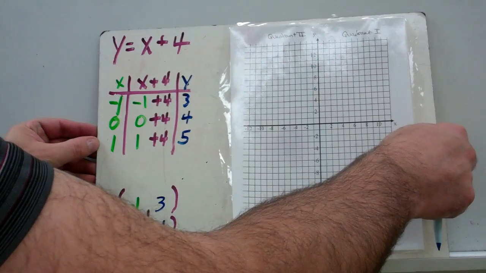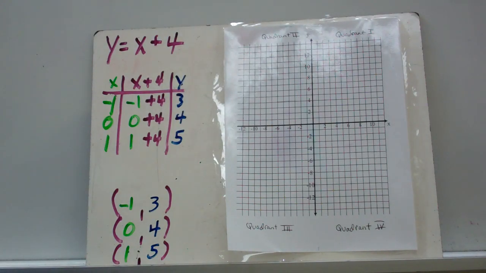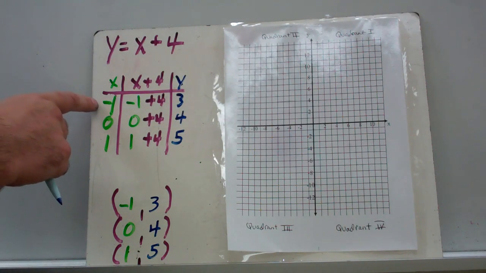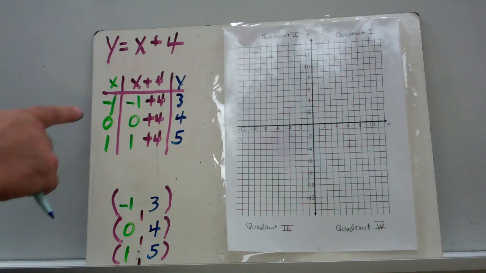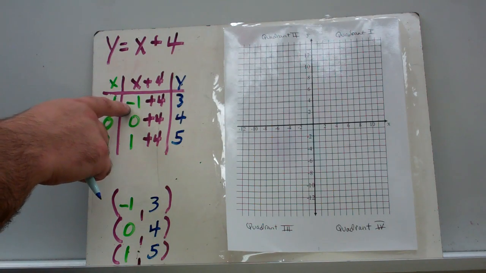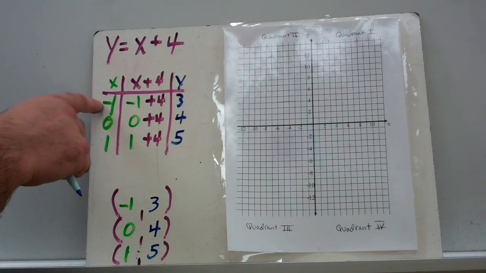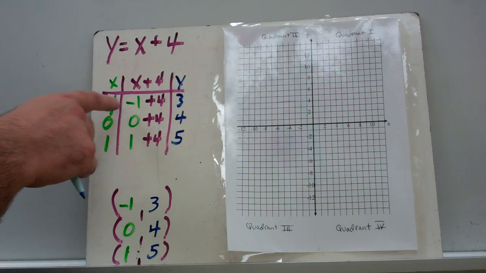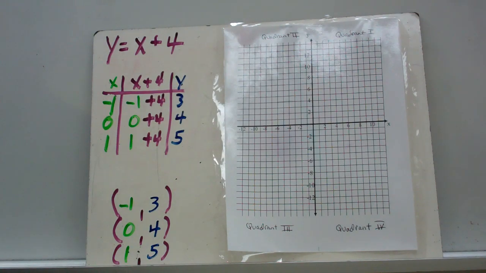Our next example is y equals x plus 4. So again, I'm going to choose my x values. I'm going to choose something very simple like -1, 0, and 1. So I'm going to put those into our equation, substituting for x in our function, and that will give me the output y's over here.